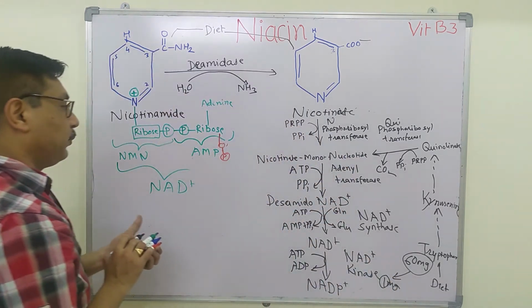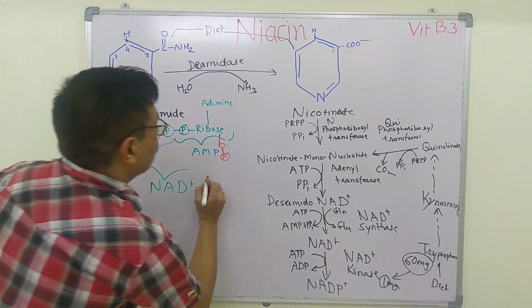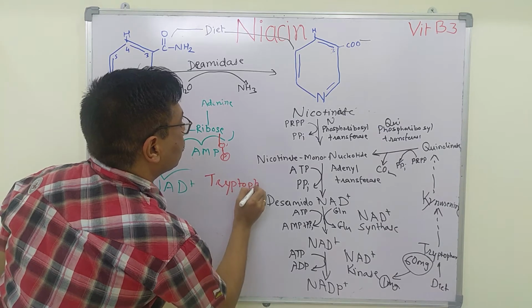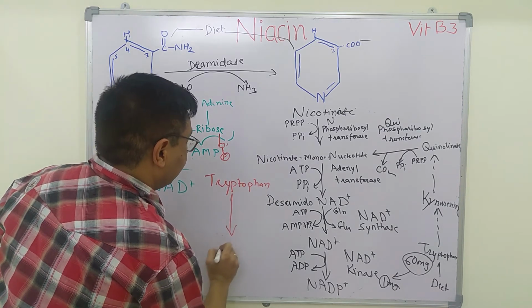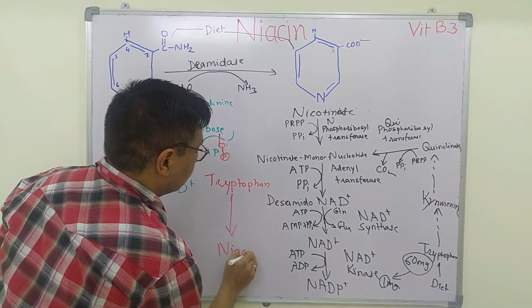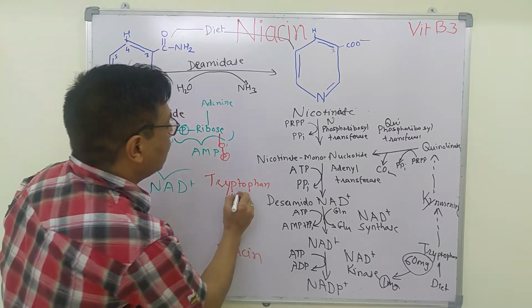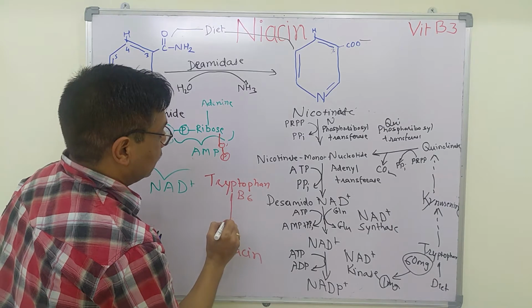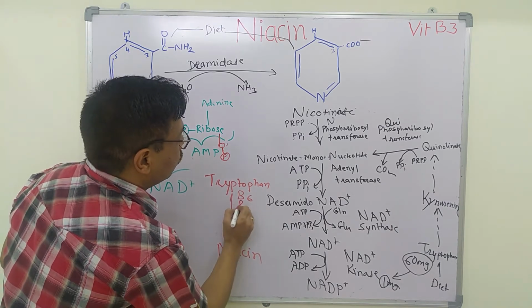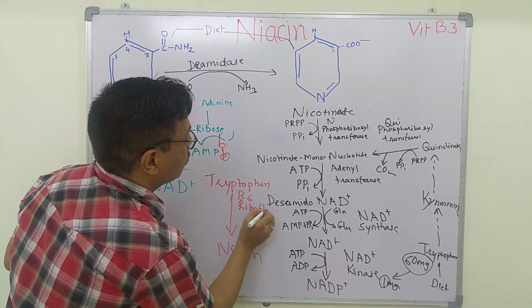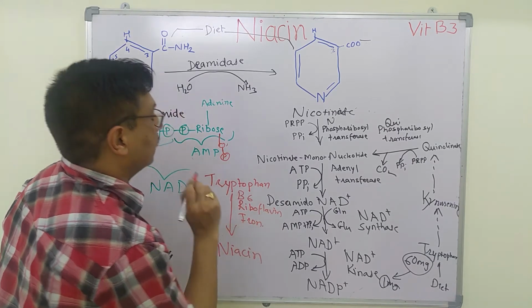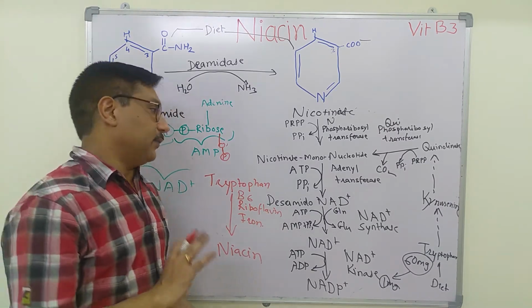During conversion of tryptophan to niacin, there is a requirement of pyridoxal phosphate, that is vitamin B6, then riboflavin and iron in various enzymes.